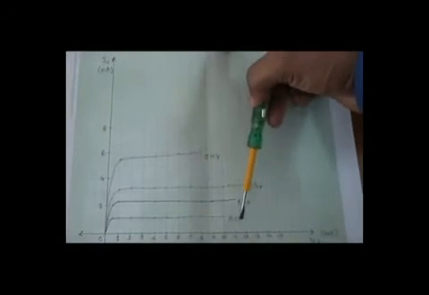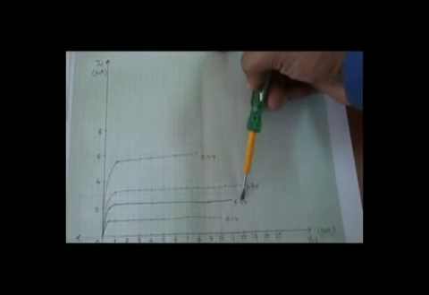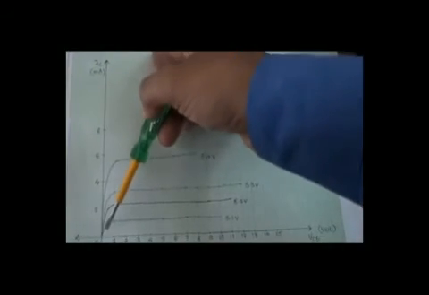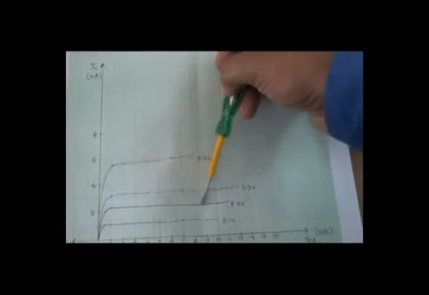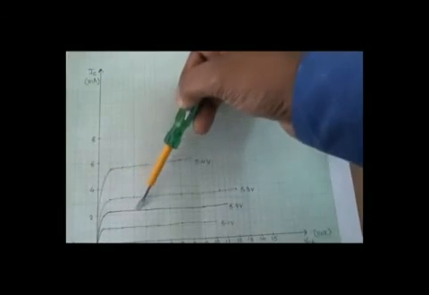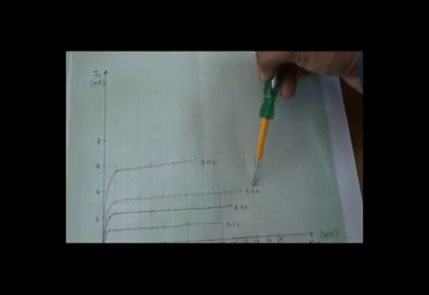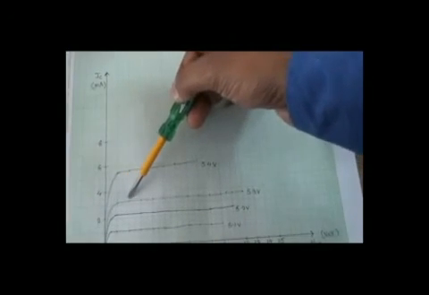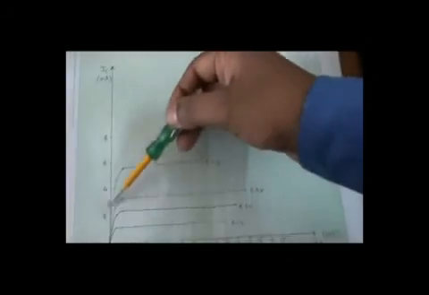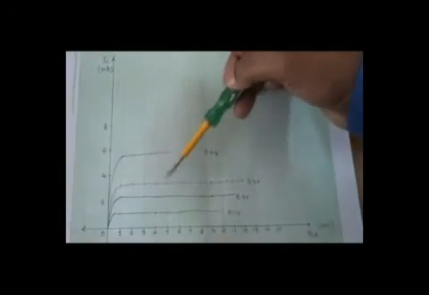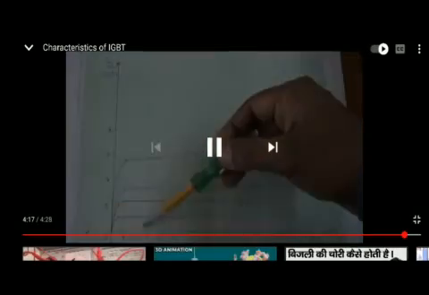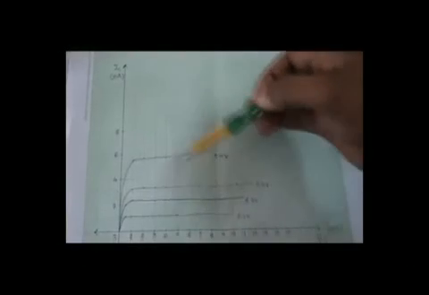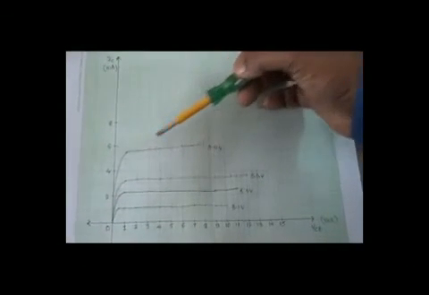Then second, the readings plotted for 5.2 volts. Then 5.3 volt, VCE varying and IC calculated, for 5.4 volt also. Likewise, we are observing the output characteristics of the IGBT.